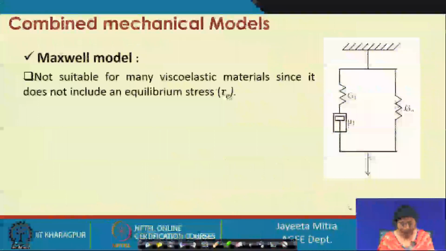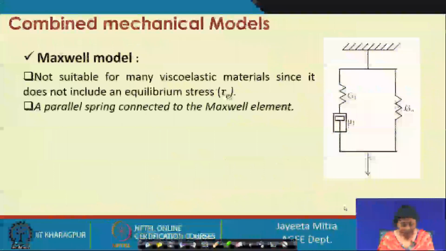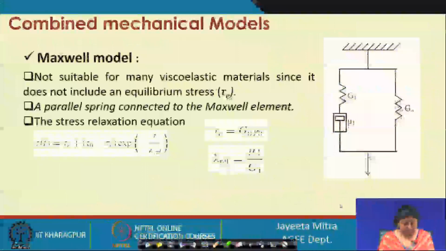So, therefore, this new model has been devised where the parallel spring element has been added to the Maxwell element. The stress relaxation equation will now become: tau, the shear stress at any time t, equals tau E, the equilibrium stress, plus tau 0 minus tau E, into exponential minus t by lambda relative.